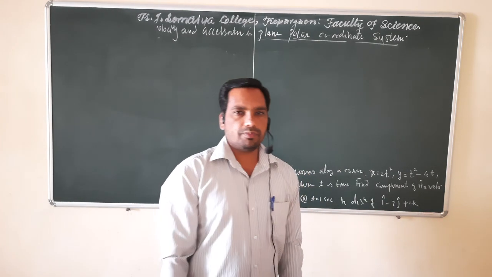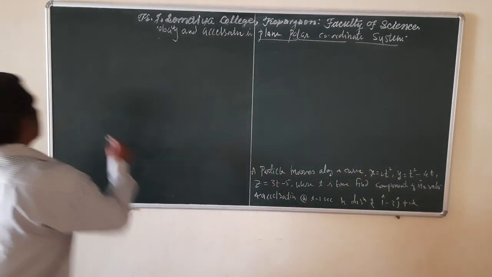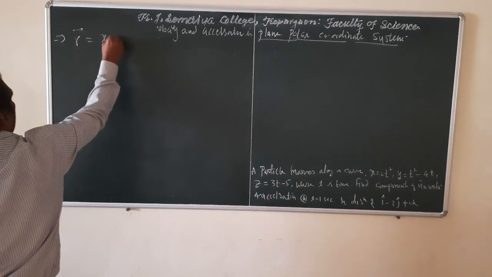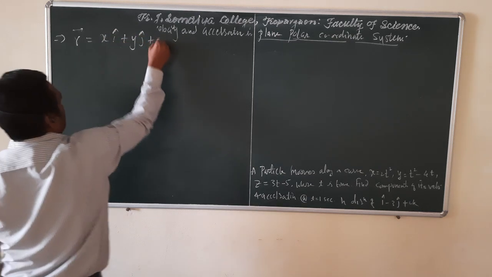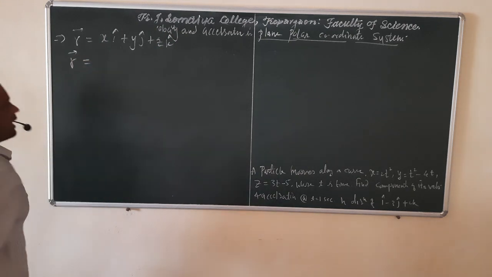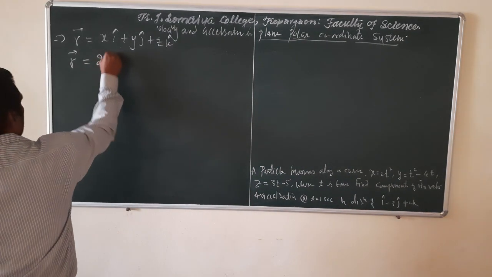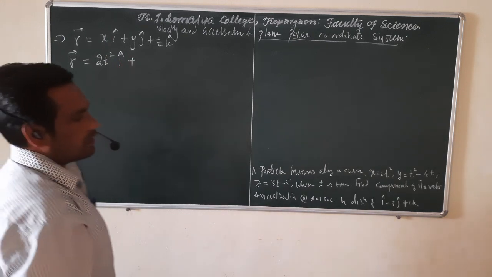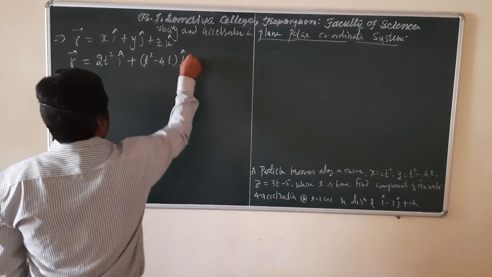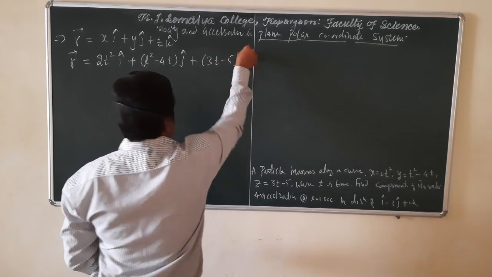First of all, we know that the position vector of that particle, vector r, is nothing but x into i cap plus y into j cap plus z into k cap. So we can write vector r, which is a function of time, as x is 2t square into i cap, plus y is t square minus 4t into j cap, plus z is 3t minus 5 into k cap.